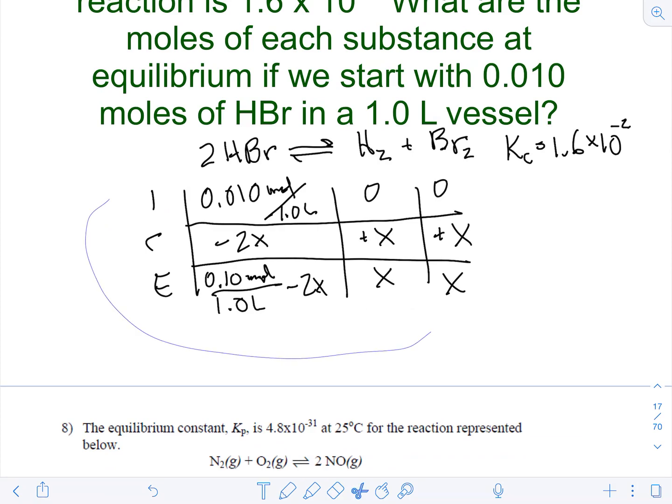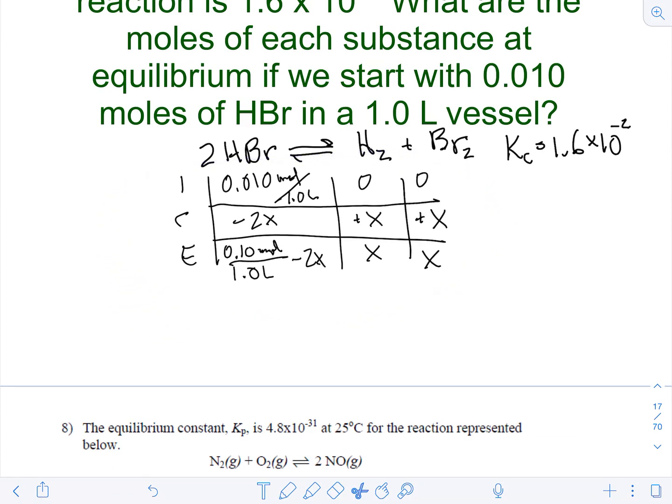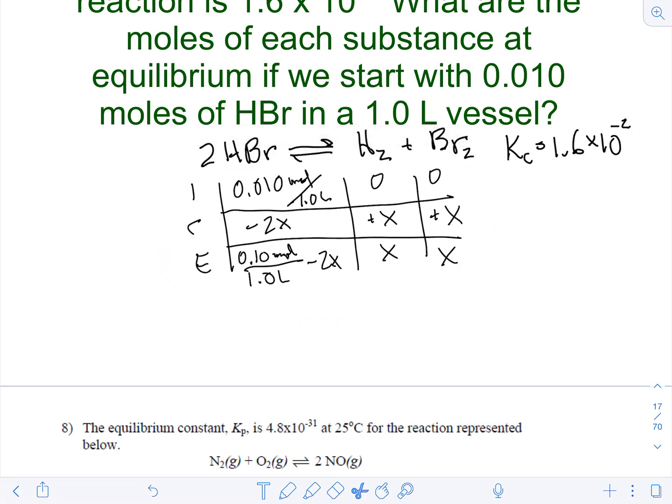And I want to set up my equilibrium expression. So I want to say Kc is equal to products over reactants. And remember, the HBr concentration is going to be squared because of that equation.